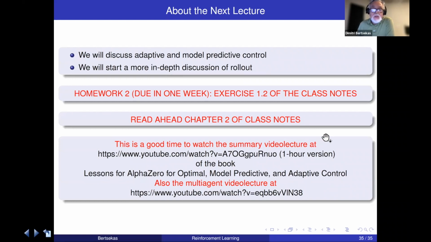There is a 1-hour version of this summary that I gave 3 months ago at MIT, based on the book Lessons for AlphaZero, which has all these Newton interpretations, one-step lookahead, multi-step lookahead, and so on.